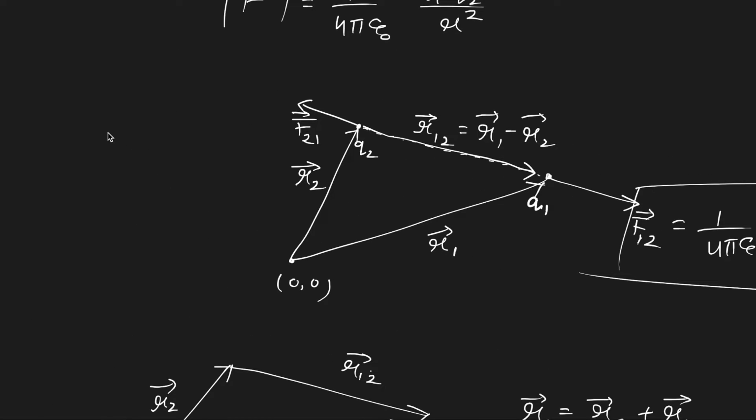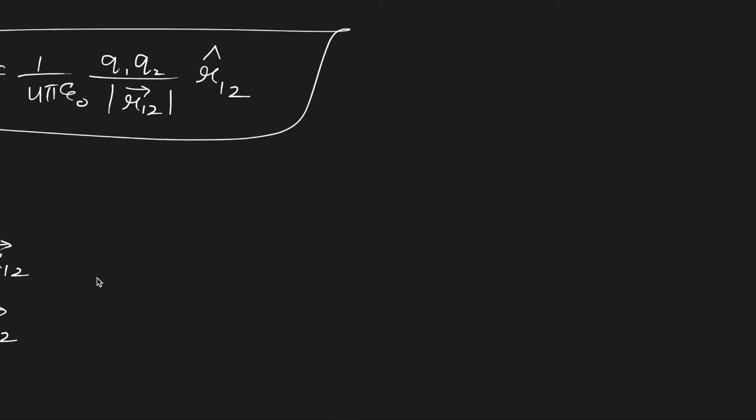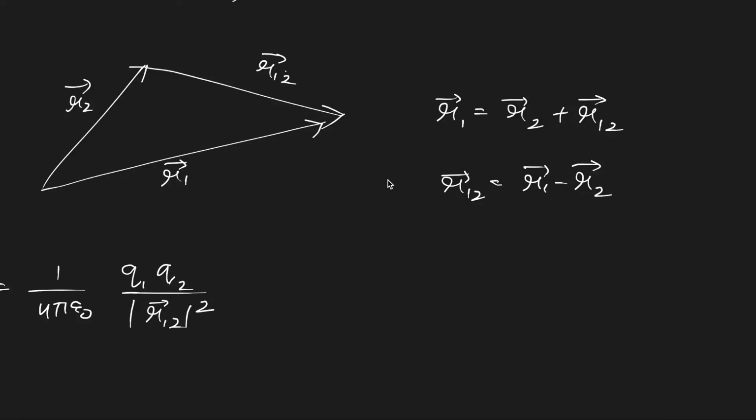And similarly I can write the f21 vector. F21 vector is 1 by 4 pi epsilon naught q1 q2 by the magnitude of the r12 vector, squared. I forgot to put the square here.